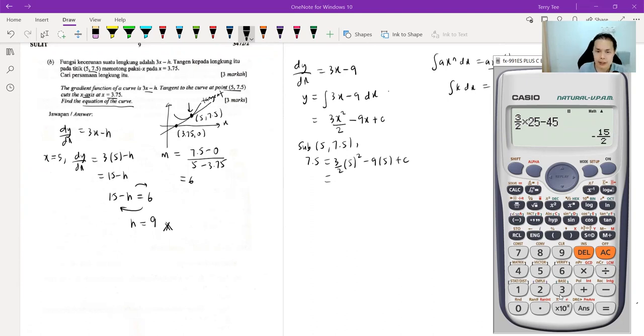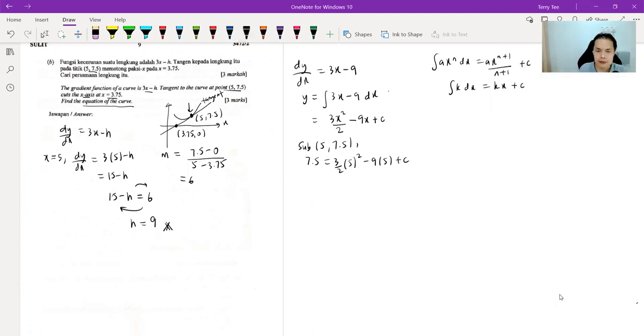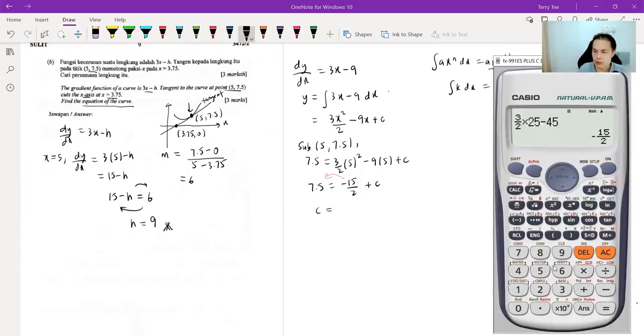So let me write here. 7.5 equals negative 15 over 2 plus c. Let's just bring this over to the left. Find my c value. Okay, so I'll take 7.5 minus the answer. Yeah, minus the answer. So there you go. My c is 15.